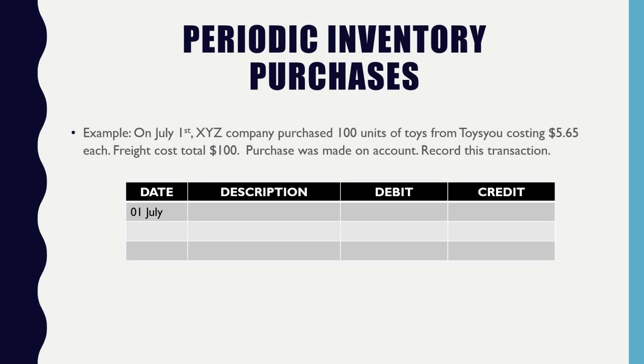I'm making more expenses than I am lowering them. So in this case, I need to debit my purchase expense and also debit my freight expense, because that's how you increase expenses. Usually you increase them on the debit side.